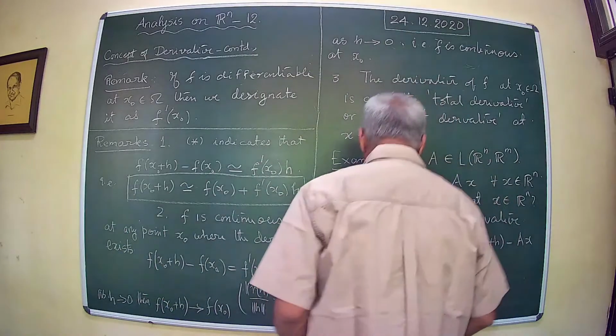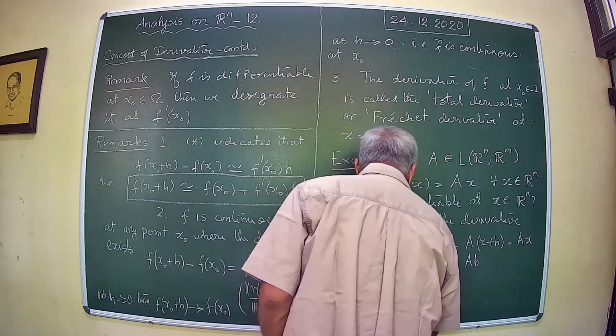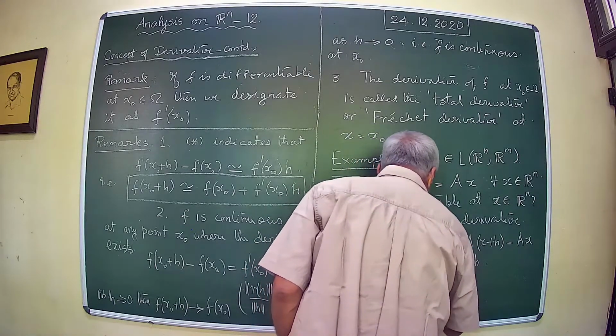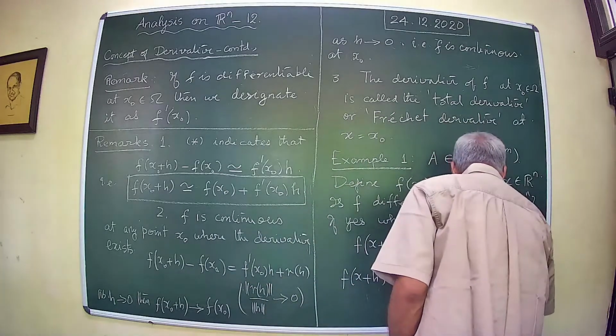Therefore, you see that f of x plus h minus f of x minus Ah is equal to 0.